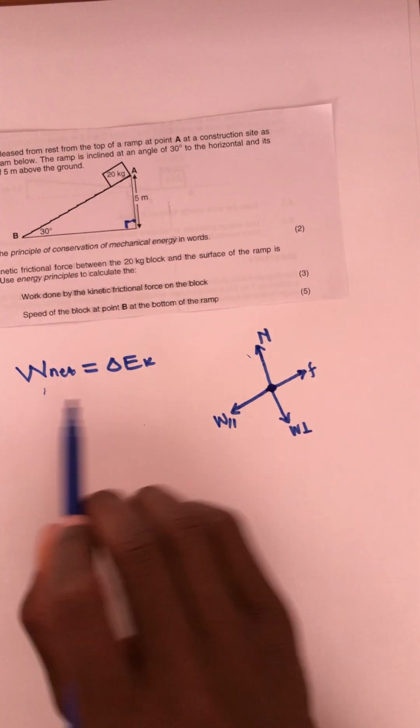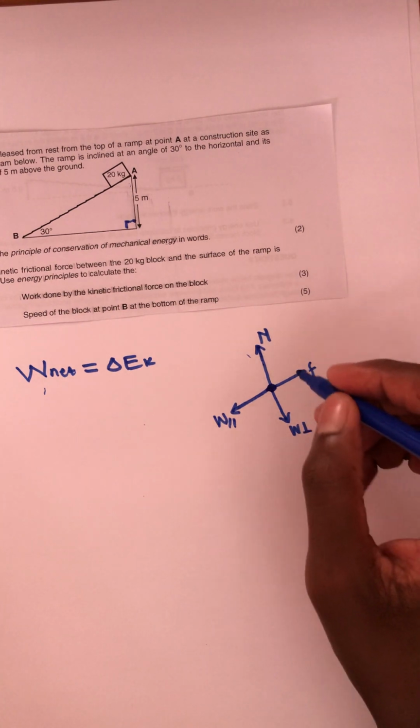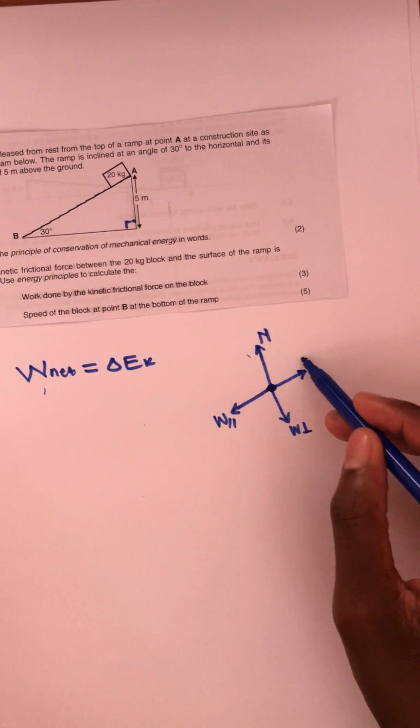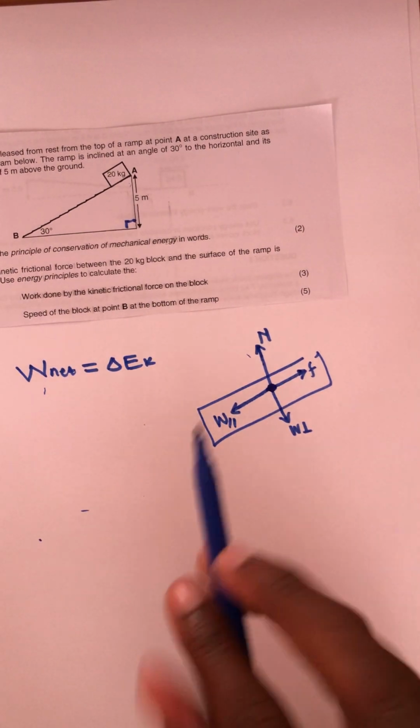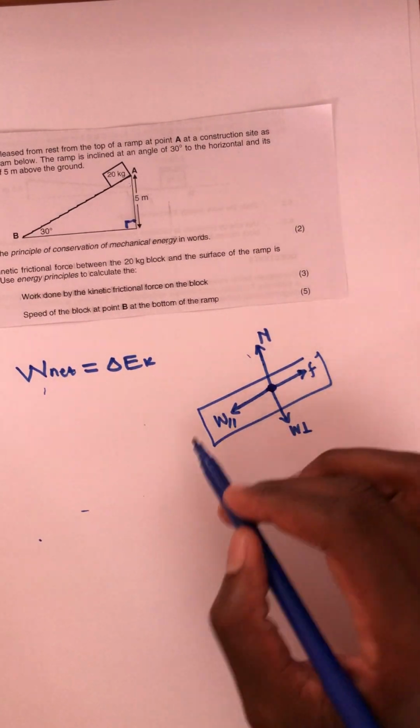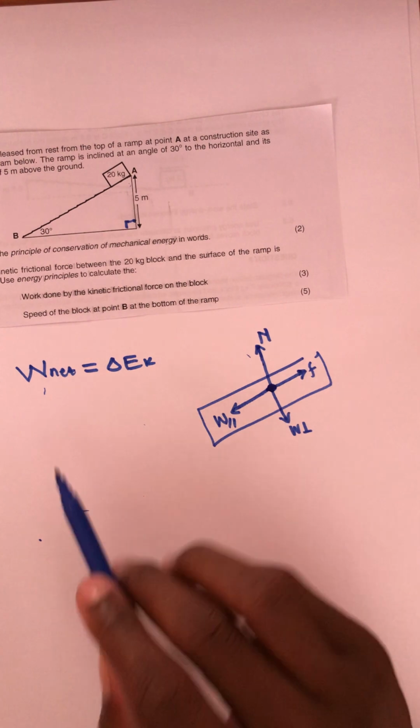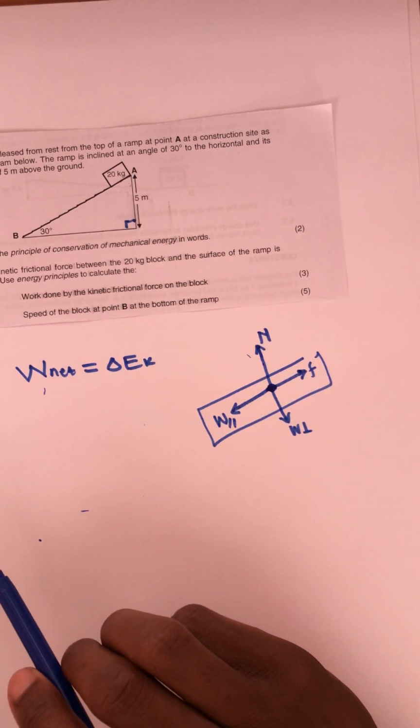So now, even if we are calculating the net force, we always use the horizontal forces. So here we're going to use the horizontal forces to calculate the net work done on an object.